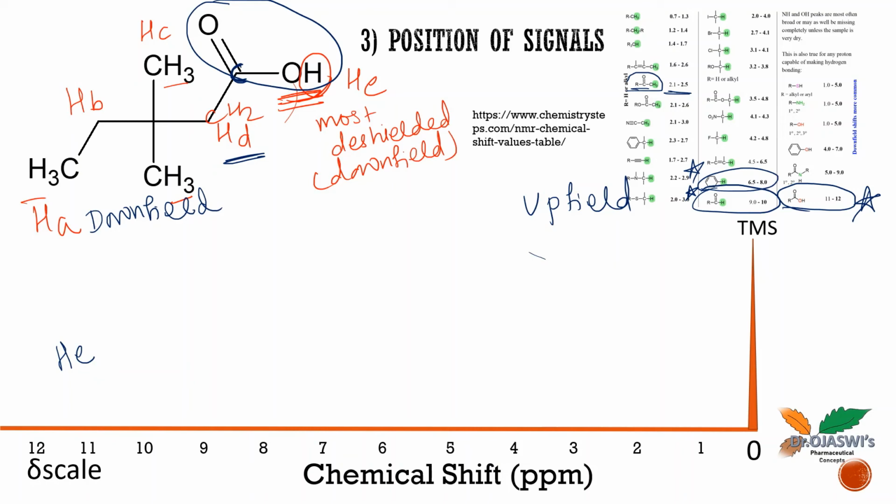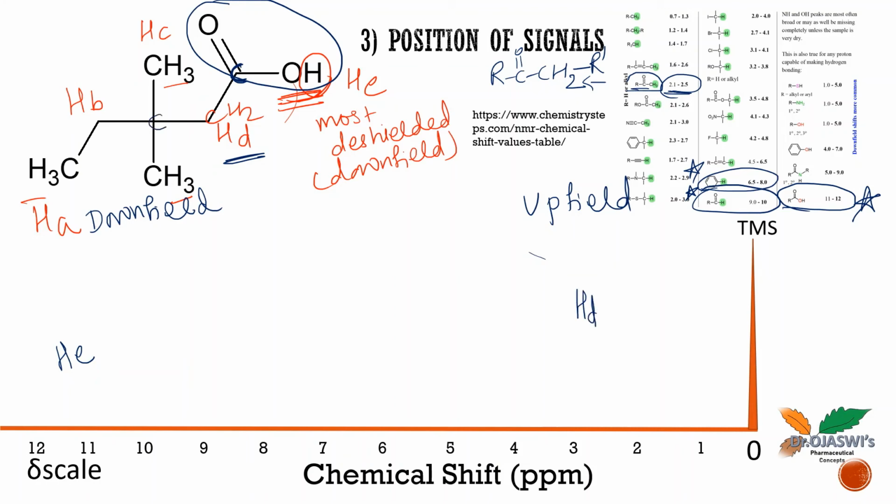But here the value is given for RCOCH3, and what you have is a CH2, so there is one more R on this side, so I can add 0.3 units to this value. So approximately around 2.6, 2.7 or 2.8, this is just the range. I can predict that the Hd peak may appear over here.